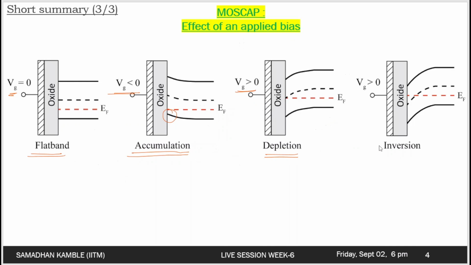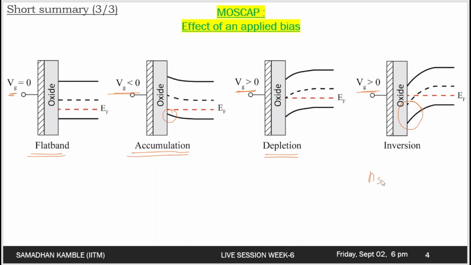Let us consider the last case, the inversion. Here we applied a small positive bias. When we apply larger and larger positive bias on the gate, the electron concentration at the surface increases and reaches a point where Ns exceeds the bulk P bulk.